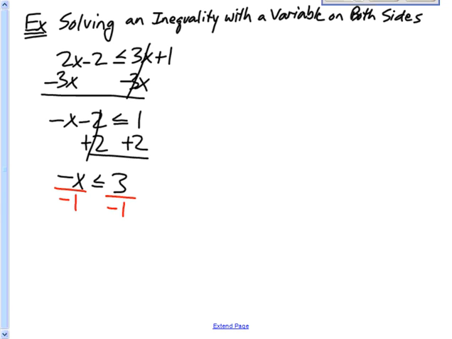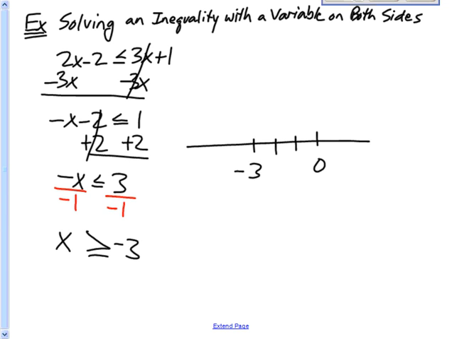I sure did. So I've got to remember, switch that inequality again here, right? Again, you don't switch it every time, but you do if you divide or multiply both sides by a negative number. So x is greater than or equal to -3, so we include that -3.